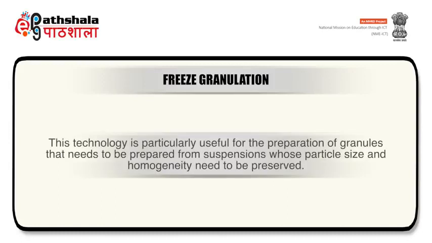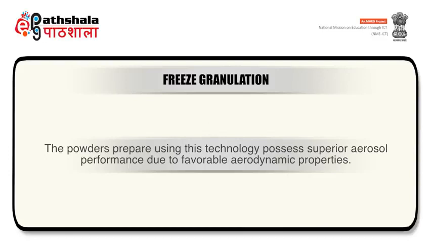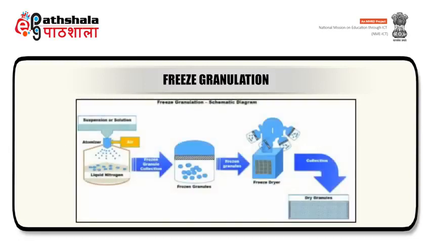This technology is particularly useful for the preparation of granules from suspensions whose particle size and homogeneity need to be preserved. Although a variety of materials in dispersed form can be granulated using this technology, it is suitable for the preparation of fine powder mixes. The powders prepared using this technology possess superior aerosol performance due to favorable aerodynamic properties. Also, please refer to the diagram.